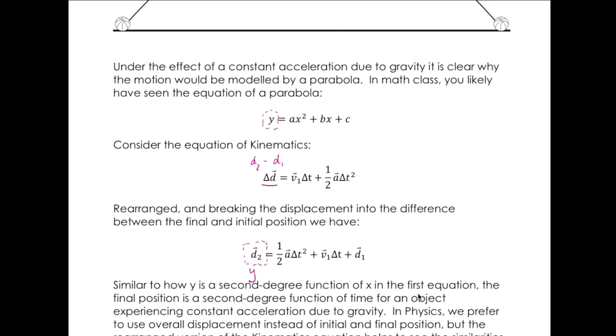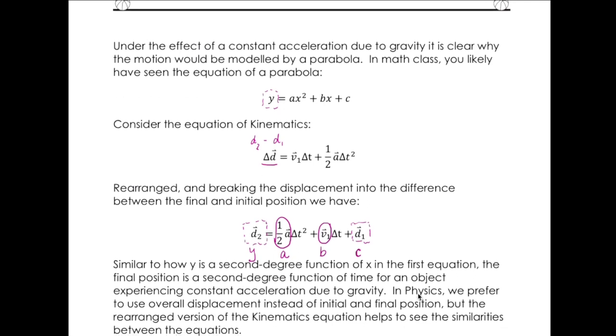Then we get the 1/2 a, which would be like an a, so our delta t squared is going to be our x squared. The initial velocity is going to act as our b of delta t. Remember, delta t is our x. And then we have the initial displacement, which correlates with the coefficient of c.